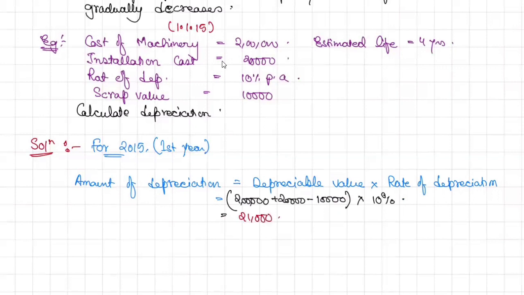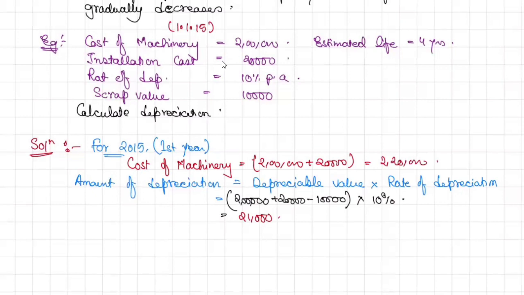Here, first the cost of machinery is 2 lakh plus 20,000, that is 2 lakh 20,000.